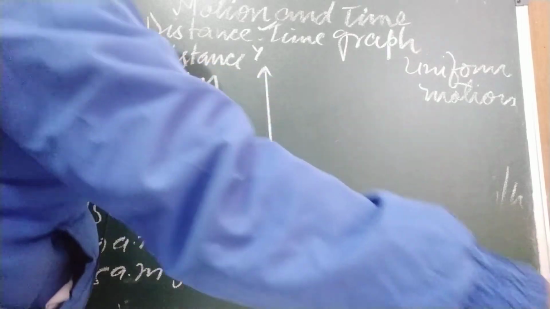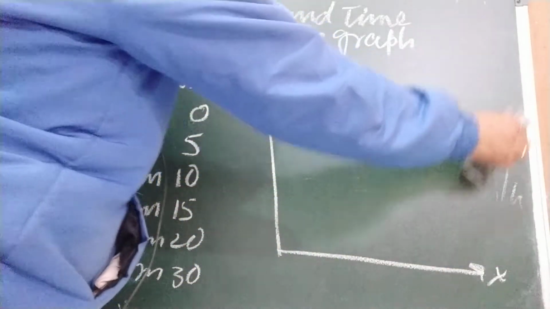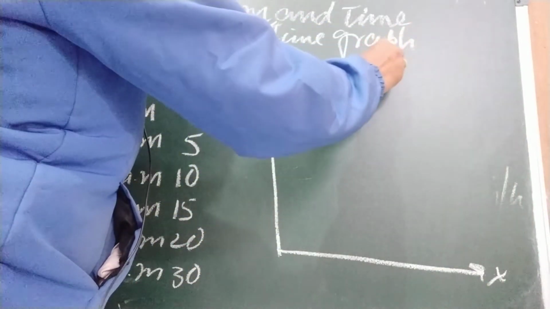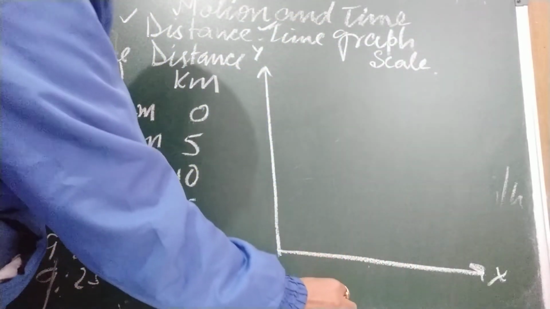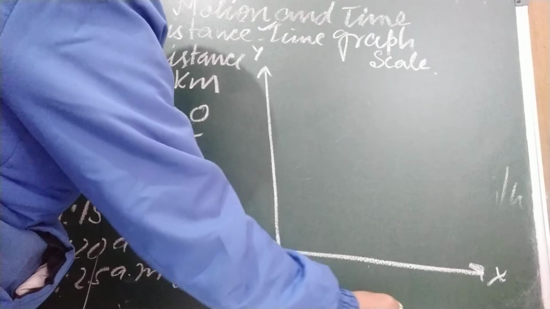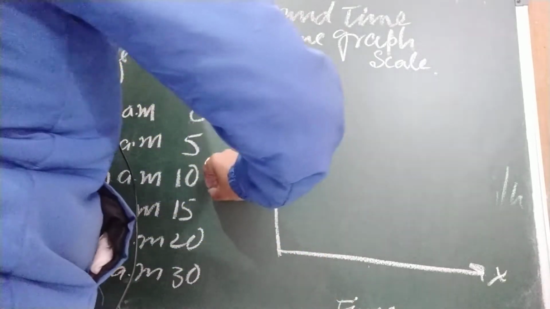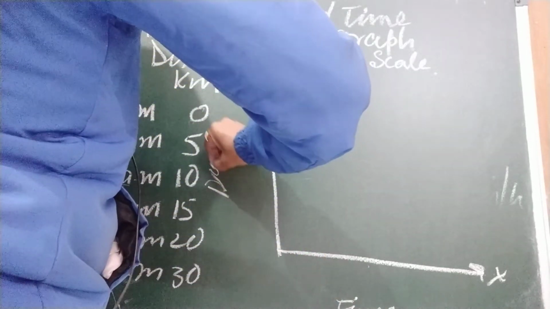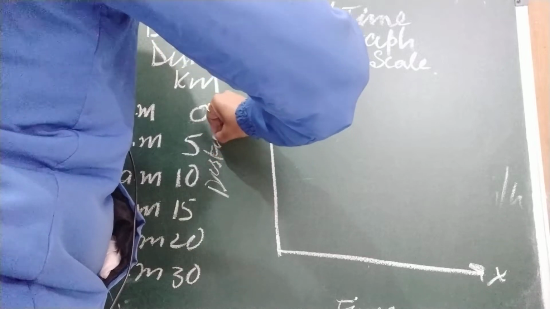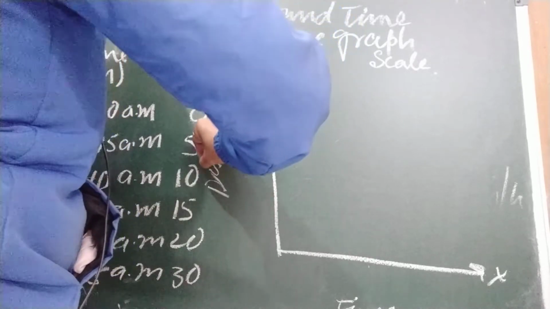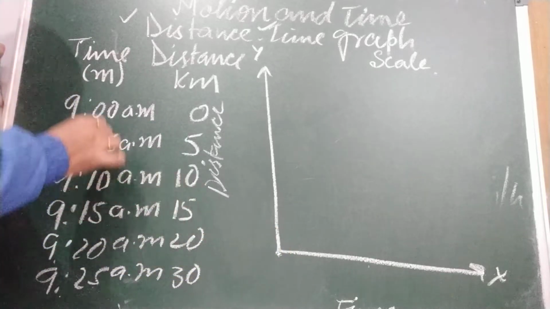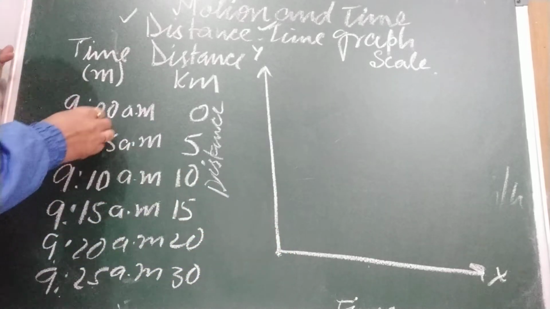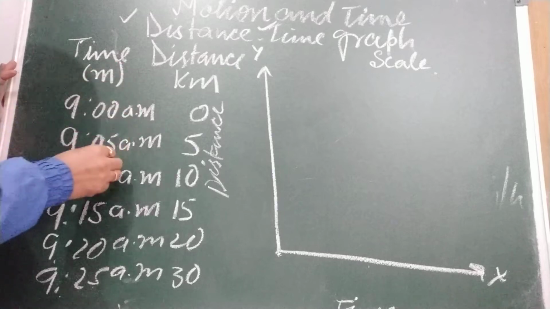Now children, the most important thing, we will take up the scale. Very important to take the scale. We will take the horizontal side time and vertical side distance. We are seeing the time interval like 0, 5, 10.